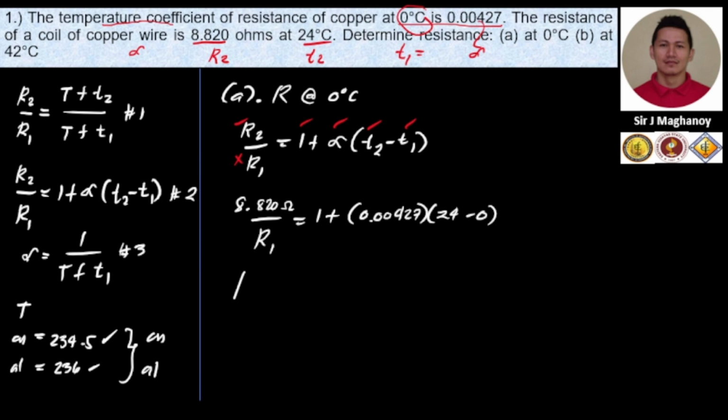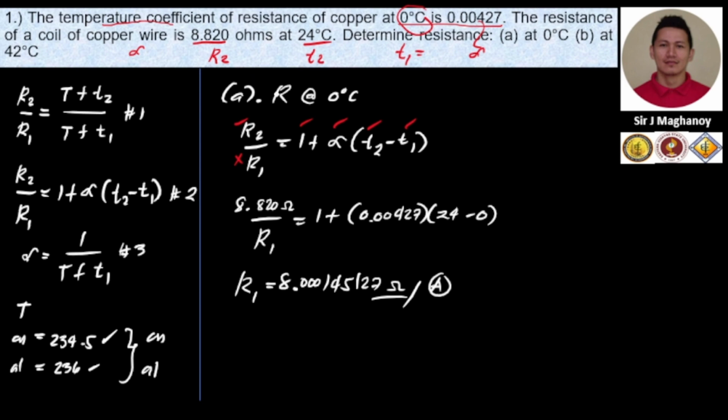So solving for your R1, using your calculator, your R1 is 8.000145127 ohms. So this is our resistance at 0 degrees Celsius. I'll save this to our alpha A.